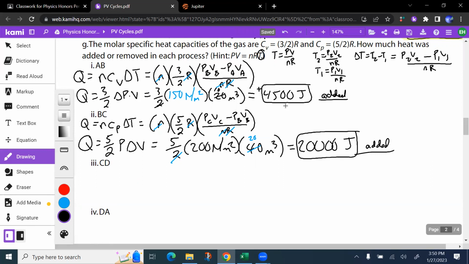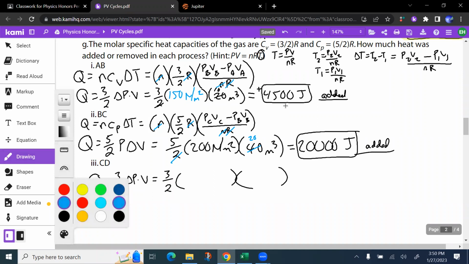All right, C to D. Now I'm going to use the shortcut that we developed. C to D is isovolumetric, just like A to B was. So isovolumetric had 3/2 times the change in pressure times the volume. So it was 3/2 times, what's the pressure? The pressure is going from 200 to 50.